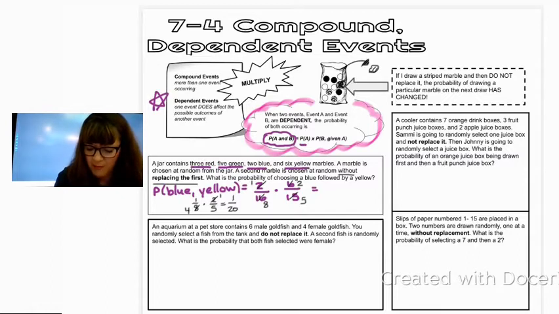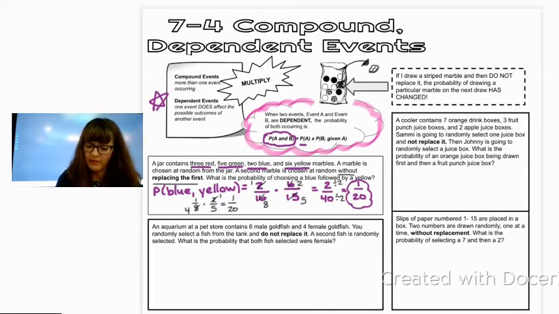So top times top would be 1 times 2, and bottom times bottom would be 8 times 5, and we have 2 over 40. But then that can simplify by 2 over 2, and 2 goes into itself once, and 2 goes into 40 20 times. So we still get 1 out of 20. So in this situation, the probability of selecting a blue and then a yellow would be 1 out of 20.